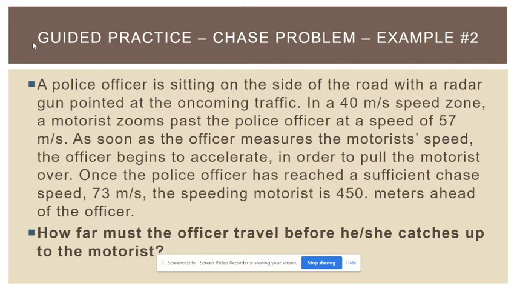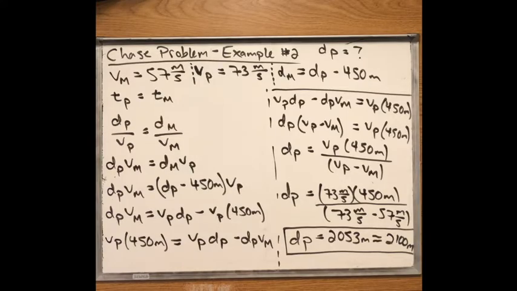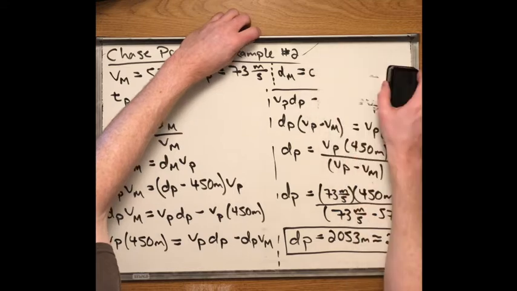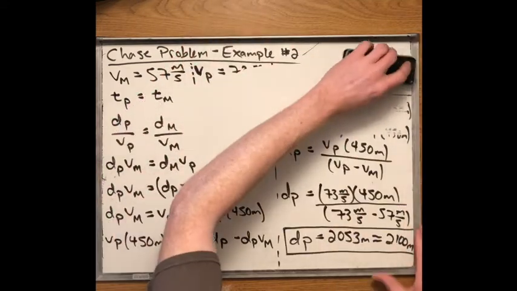Once the police officer has reached a sufficient chase speed, 73 meters per second, the speeding motorist is 450 meters ahead of the officer. And the question says, how far must the officer travel before he or she catches up to the motorist? The secret shortcut is real nice, and so I want to show you that now very quickly. We will talk more about this if you would like.